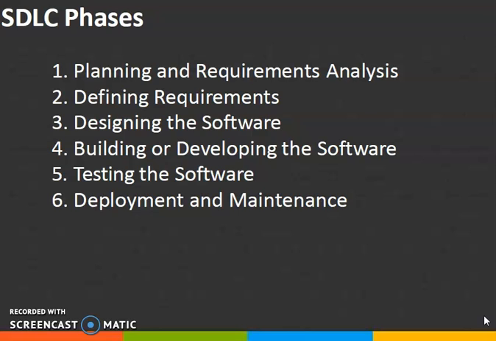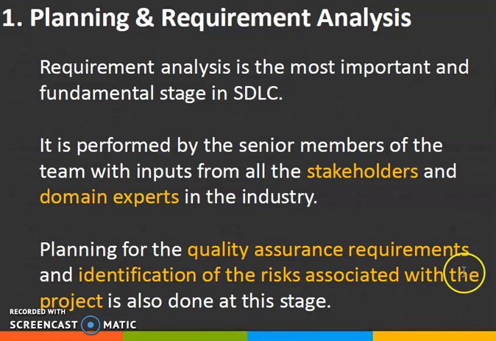Based on the design, building the actual software and system is the fourth phase. Testing the developed software and system is the fifth phase. And implementing and maintaining the software and system is the sixth phase. So these are all the steps in the SDLC process.